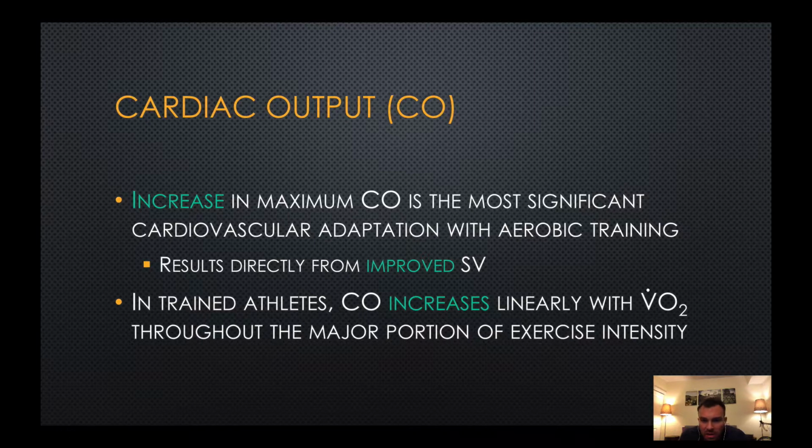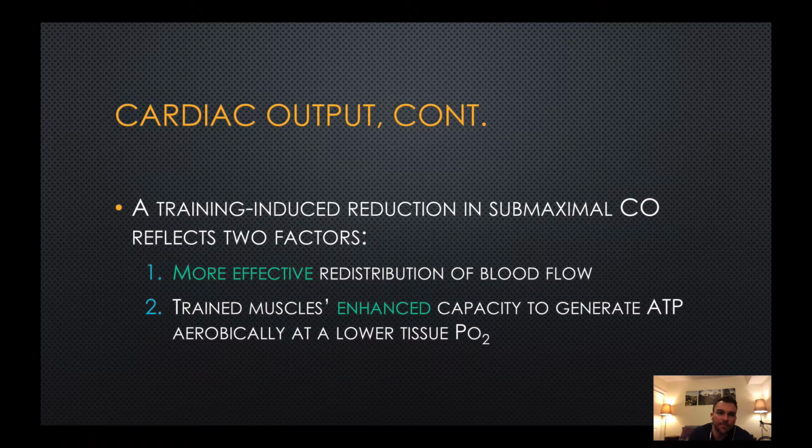In trained athletes, cardiac output increases linearly with VO2 throughout most of exercise intensity. A training-induced reduction in submax cardiac output reflects two things. You're able to distribute your blood better. So if you see a reduction in your submax cardiac output, that's not really a problem at all. You're just able to distribute the blood with every pump a lot better.